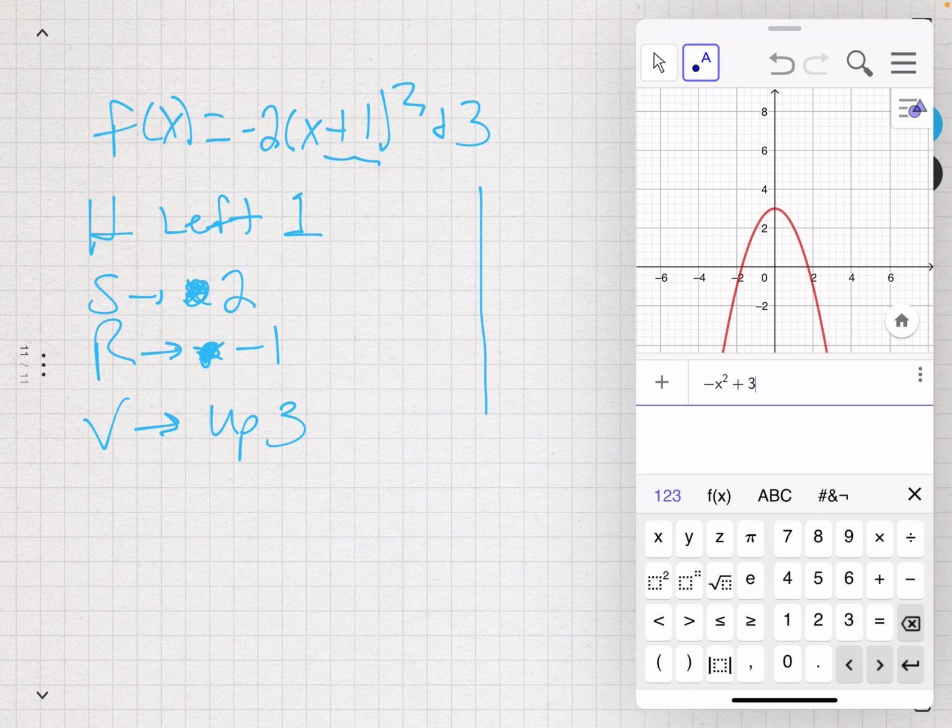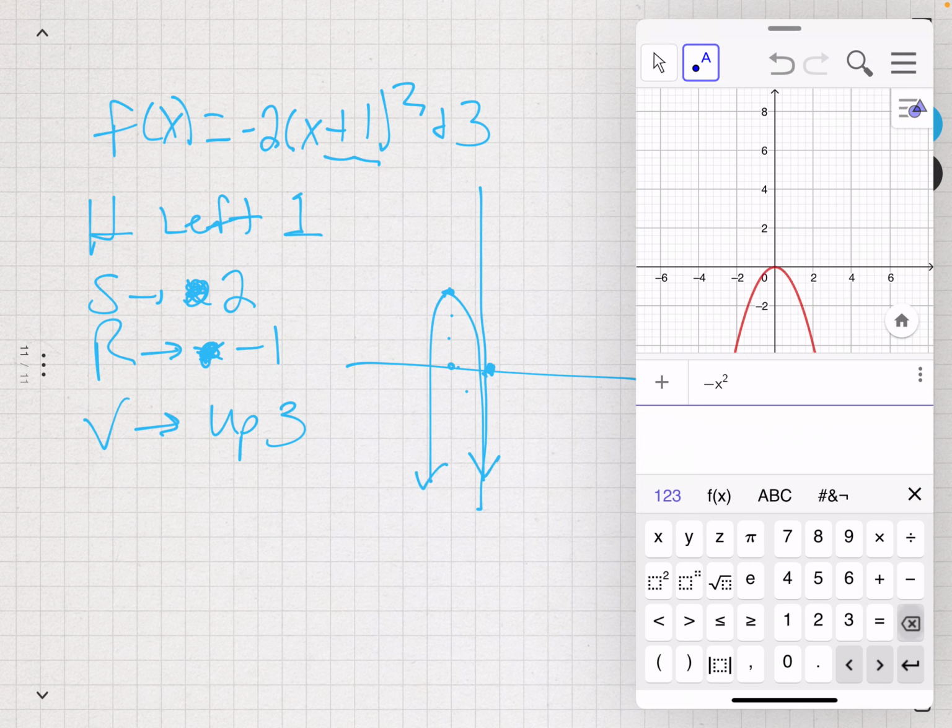So if I start with our coordinate grid, we would start at 0, 0. If we had a normal parabola, we go left 1. We're going to stretch by 2, flip it upside down, and up 3. So we should have something like that.